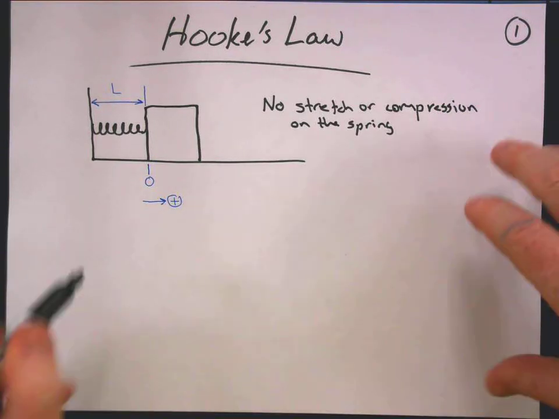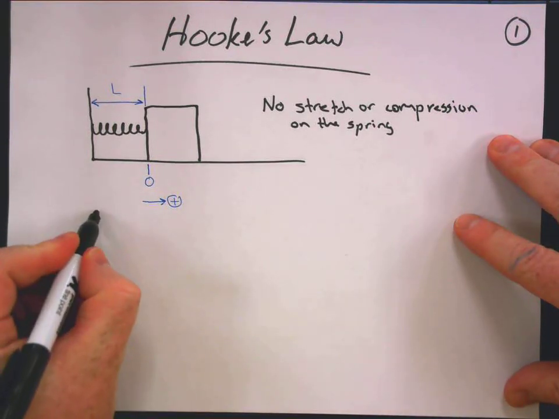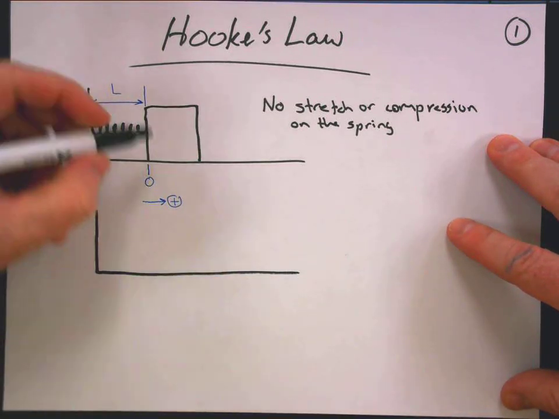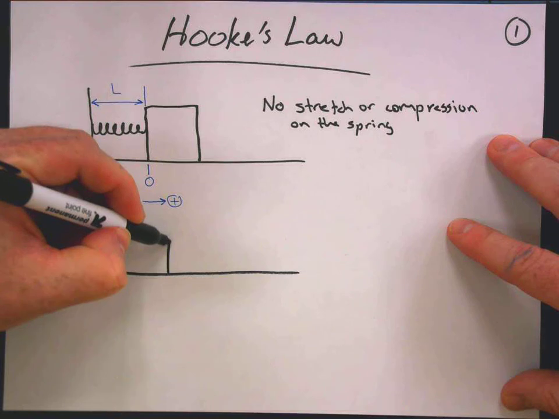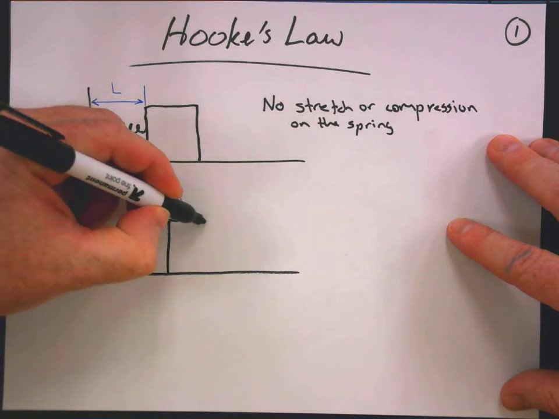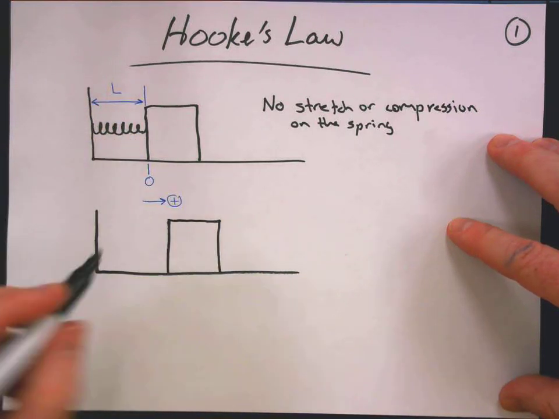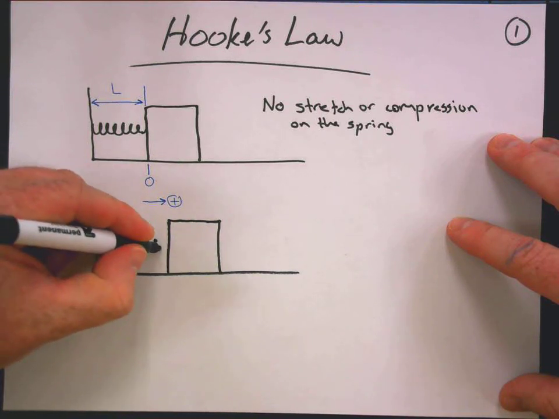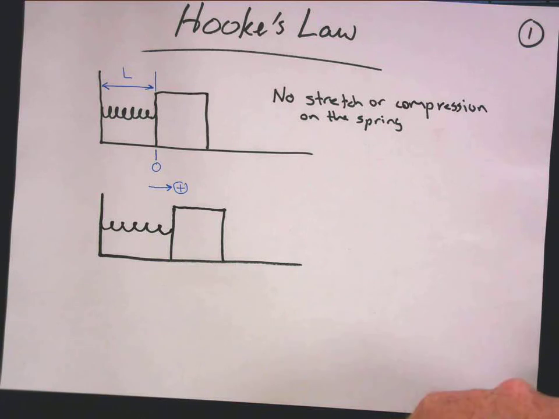Now, imagine that the same object, same situation, same spring, is stretched, is pulled to the right some distance. Okay, so the spring is stretched a little bit. What was the resting length?